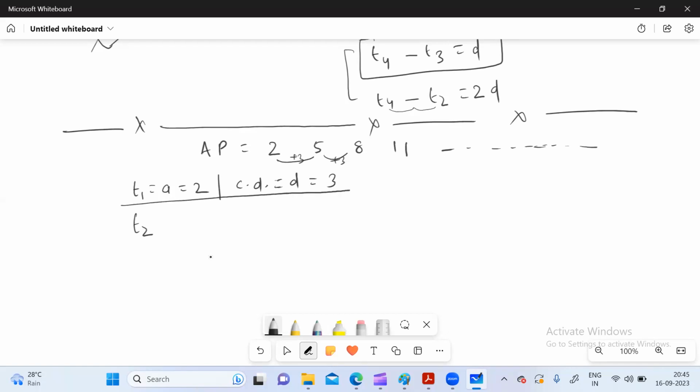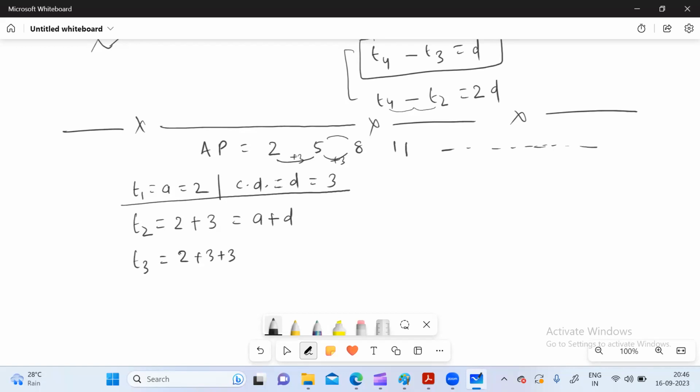So now we can observe that the second term will be 3 more than the first term. That means in algebraic form, we can write it as A plus D. So T3 will be 2 plus 3 and plus one more 3, because every time it goes ahead with plus 3.